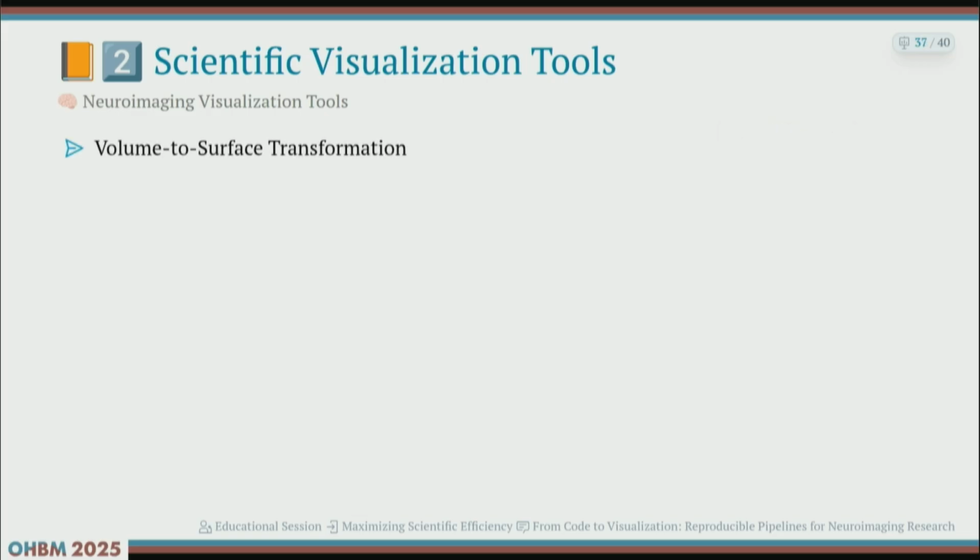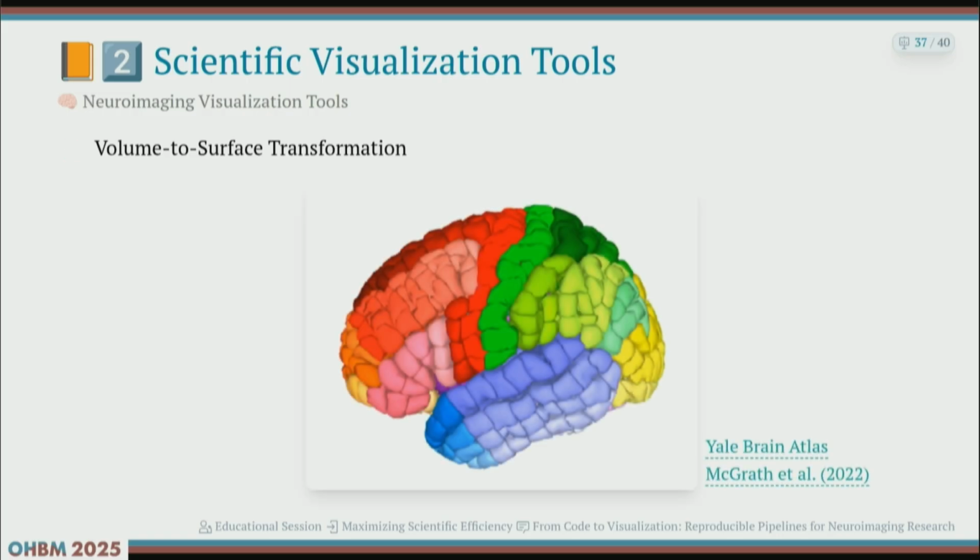There's also volume to surface transformation. So the idea is you can get a file that is volumetric. It could be an atlas parcellation that is provided in a NIfTI format. And there are these code-based approaches that essentially make surfaces out of those, and you can get a surface representation of that.